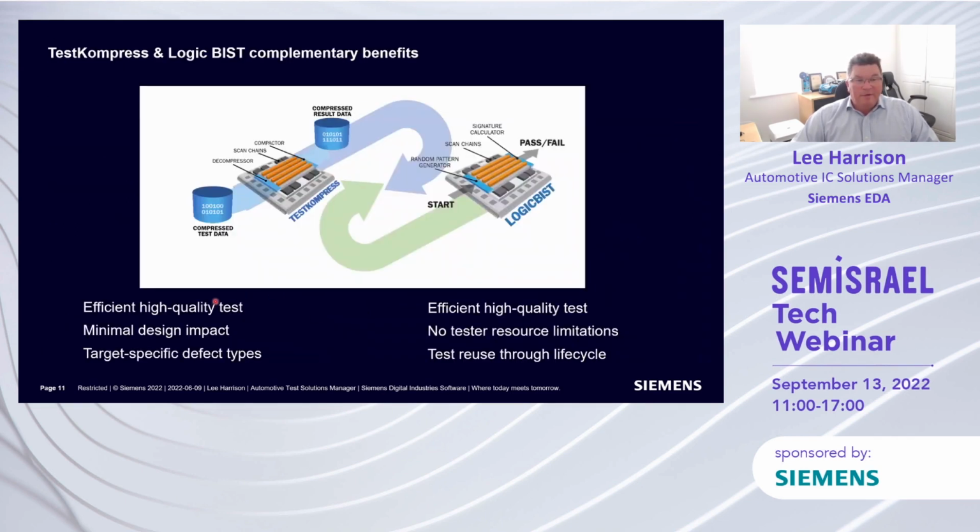Just quickly, some of the test technologies that we can use as safety mechanisms. Logic BIST. Logic BIST is a BIST technology that's inserted into the device that's able to use the existing scan structure and able to test the logic structures within the device.